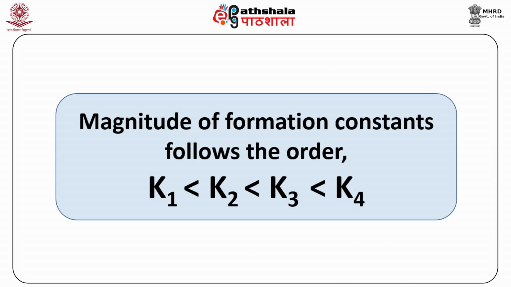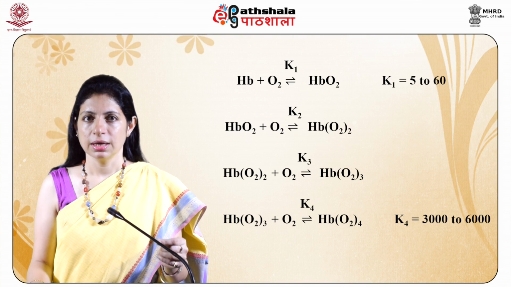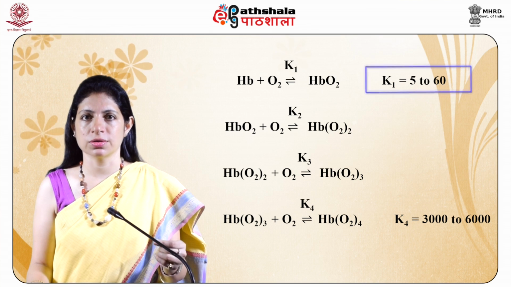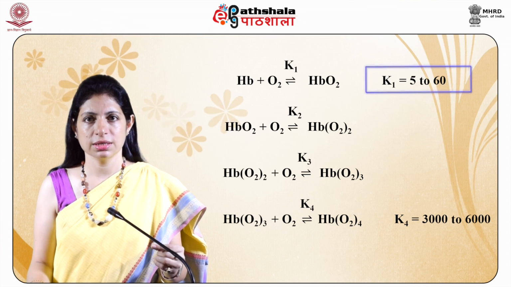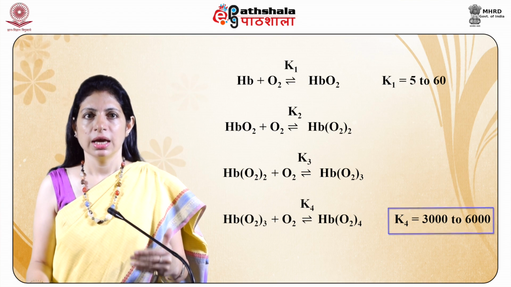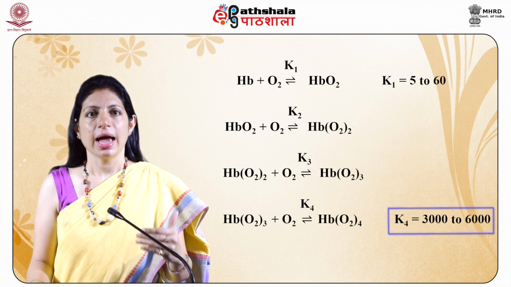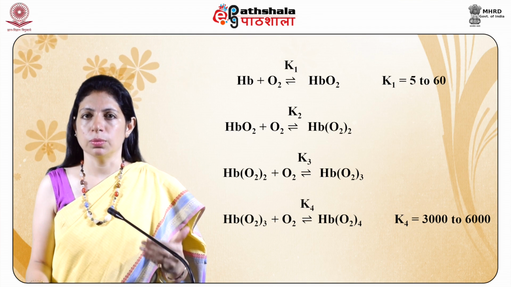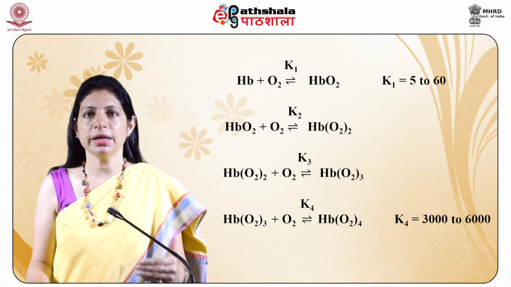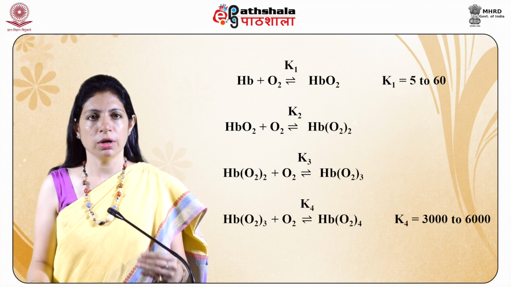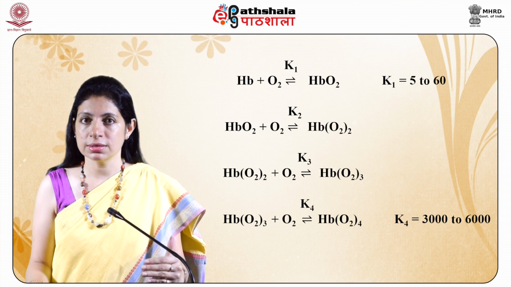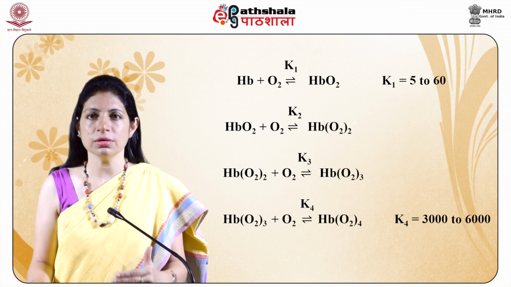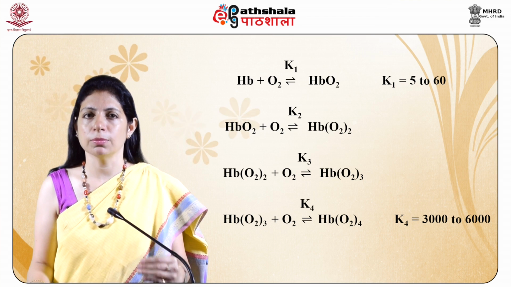The magnitude of these formation constants follow the order K1 is less than K2 is less than K3 is less than K4. That is, the binding of the first dioxygen is the most difficult and the fourth dioxygen is bound most readily and tightly, or in other words, binding of a dioxygen to a molecule of hemoglobin enhances the binding of additional dioxygens to the same hemoglobin molecule.